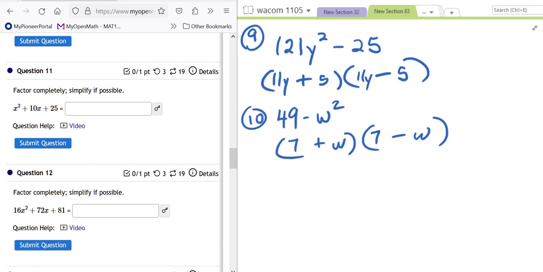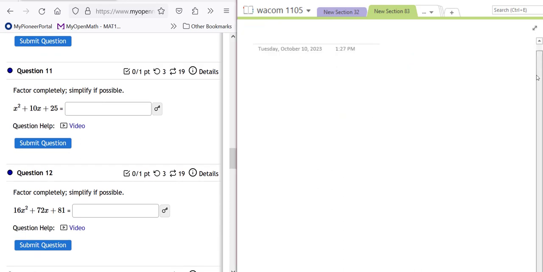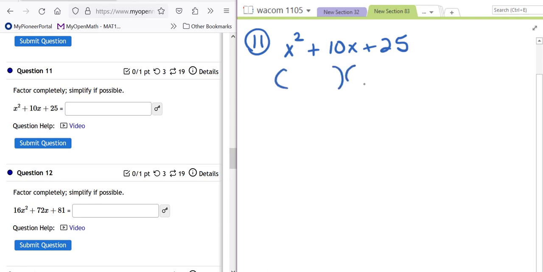All right, then they're throwing us back to a trinomial. And this is one that, even if it wasn't a perfect square, you could do it very easily. It does have a square at the front and a square at the end. So it's going to be perfect squares. To guess, like signs both plus.